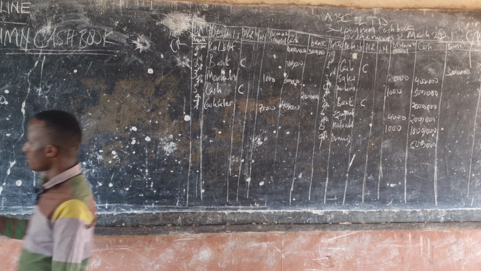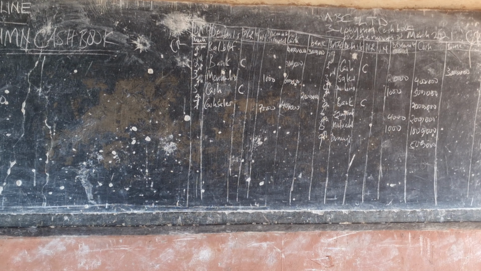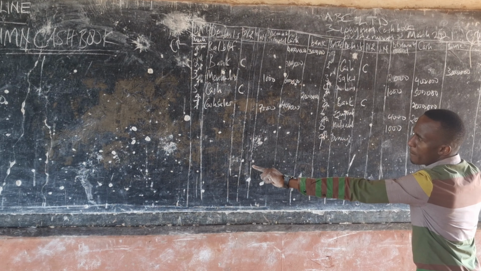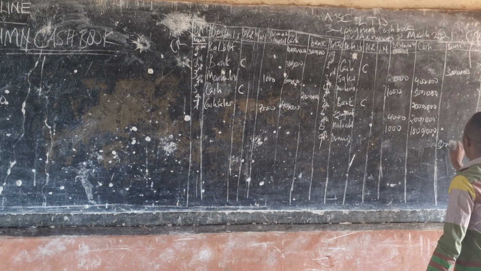This is not a contra entry. It is a withdrawal for personal use. We always withdraw from the bank, not from cash. From bank, that is 500,000.